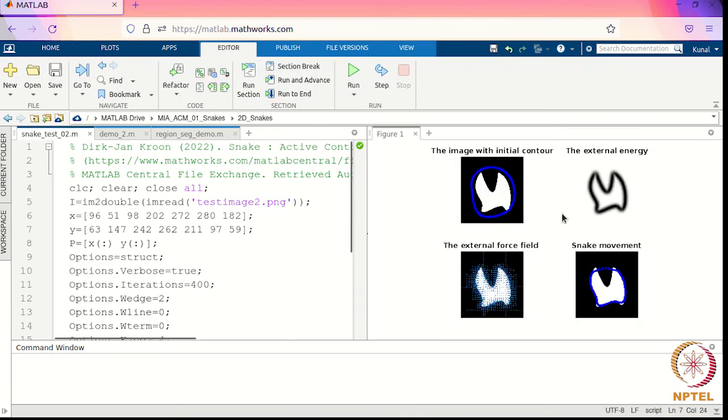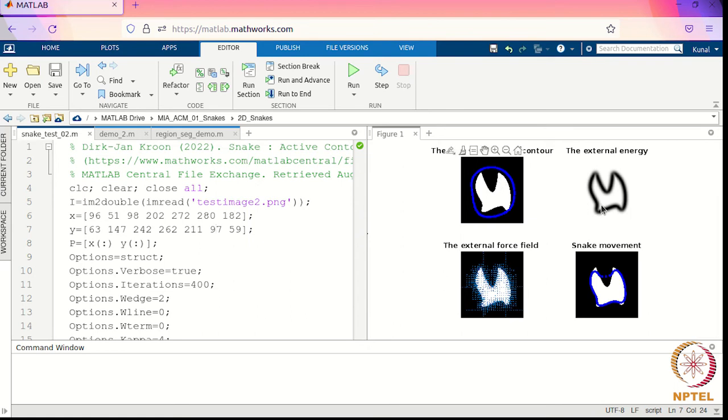Here you can see this is the initial contour, and now this initial contour is moving, and slowly it is trying to fit this object, the boundaries of this object, right? So that is how these contours move.